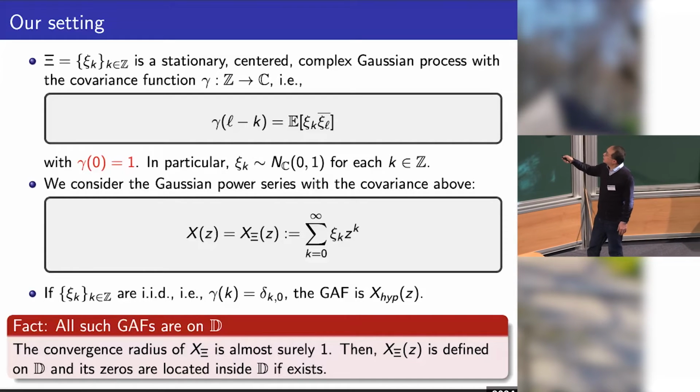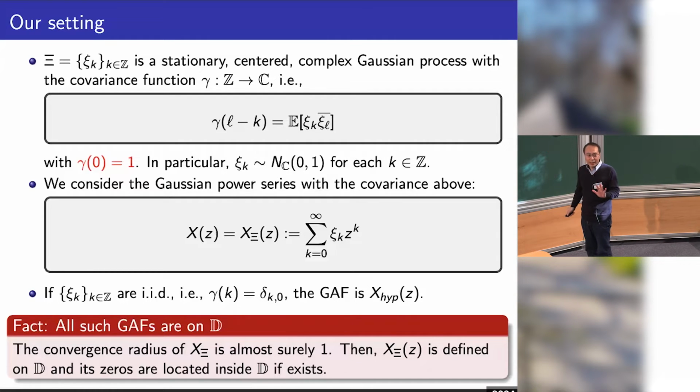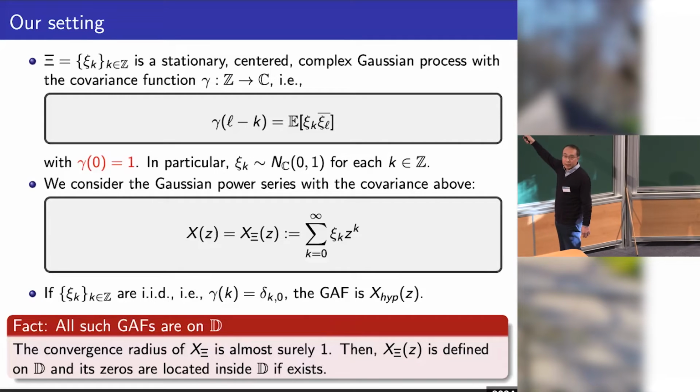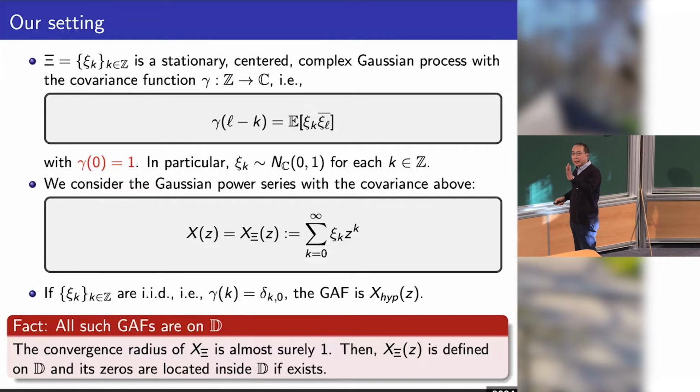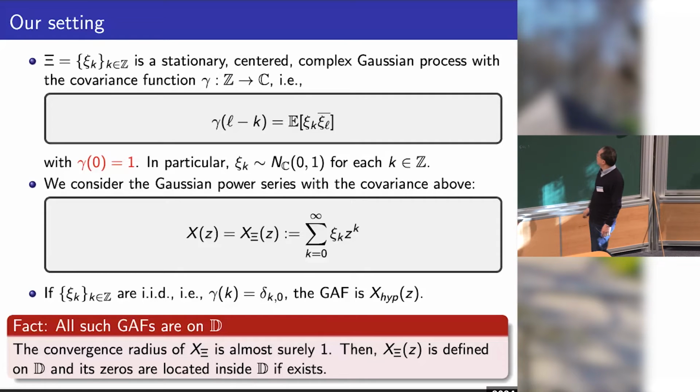And consider almost the same power series, but here psi k is not i.i.d., but a dependent stationary process. Now, of course, if gamma k is a Kronecker delta, meaning gamma 0 is 1 and otherwise 0, then this is equal to the hyperbolic graph, as I mentioned.